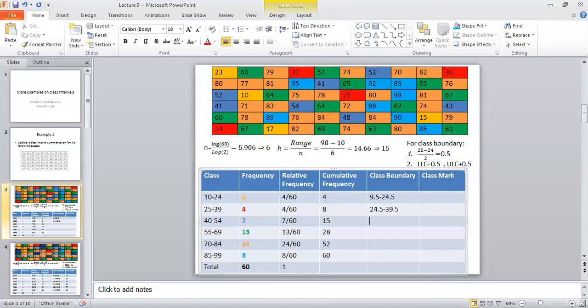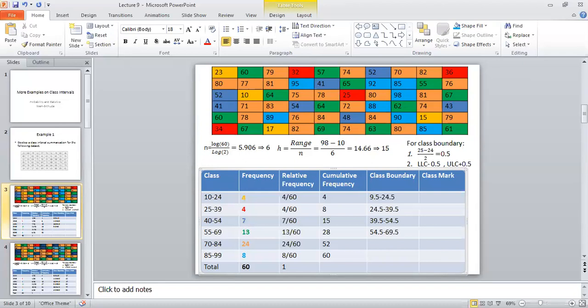For the third class, 40 minus 0.5 is 39.5, and 54 plus 0.5 is 54.5. Then we have 55 minus 0.5 is 54.5. Then we have 69 plus 0.5 is 69.5.